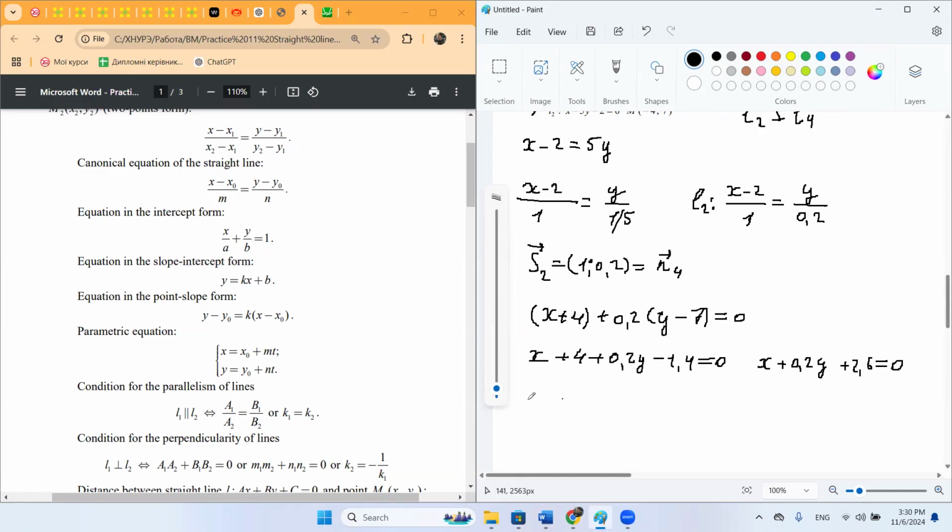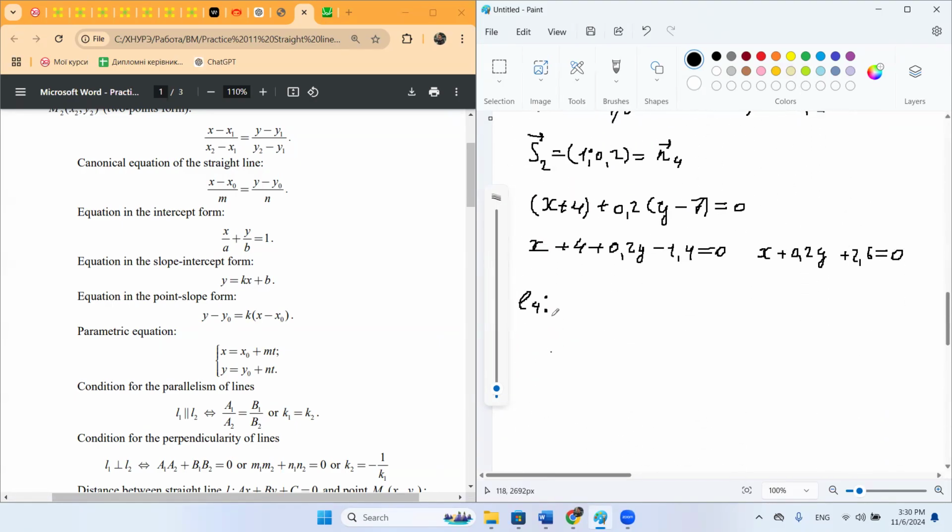Okay, let's rewrite it in a more convenient way to remove all fractions, so the numbers will be whole. I will multiply both parts of this equation by 5. Oh no, not L3 but L4.